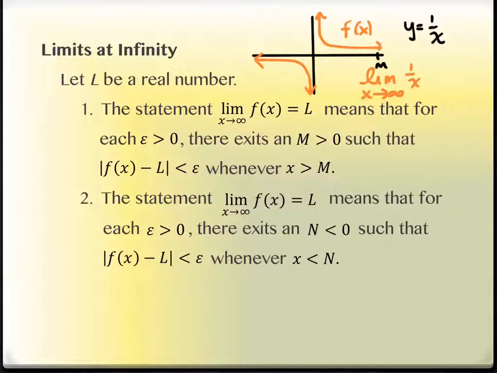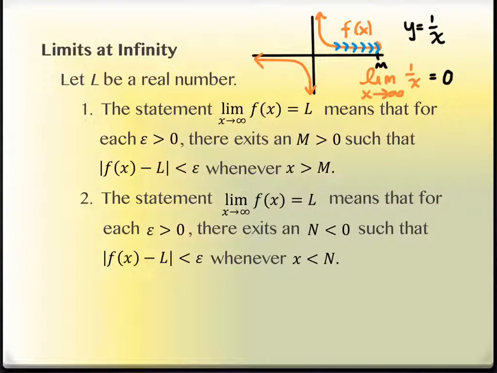We're going to call it M. And for all values that are bigger than M, the function value 1 over x and the value that it's approaching are very, very close together, within epsilon of each other. And on this one, we would say the limit equals 0 because that's the value the graph is approaching if we traced along this graph as x approaches infinity.